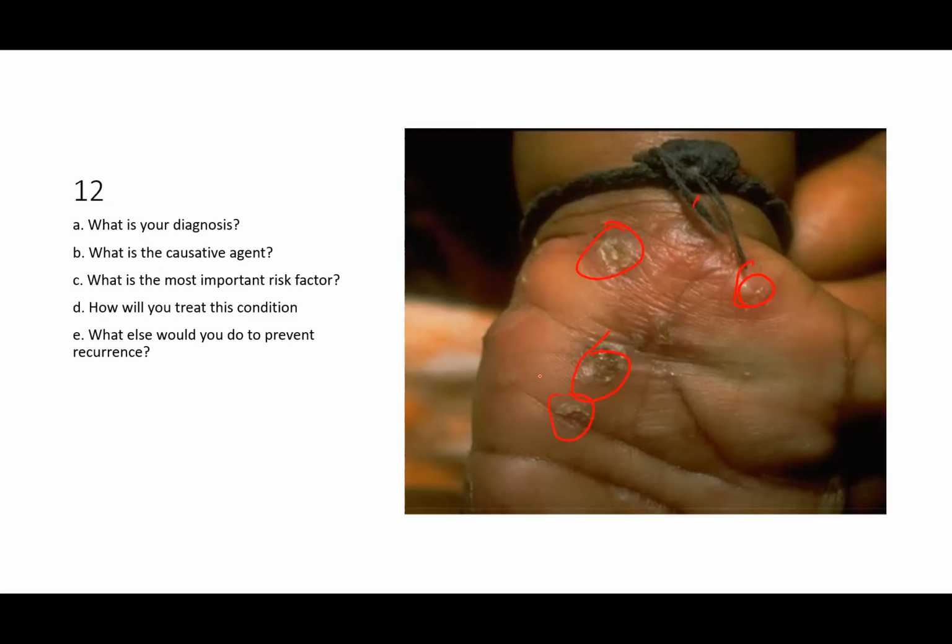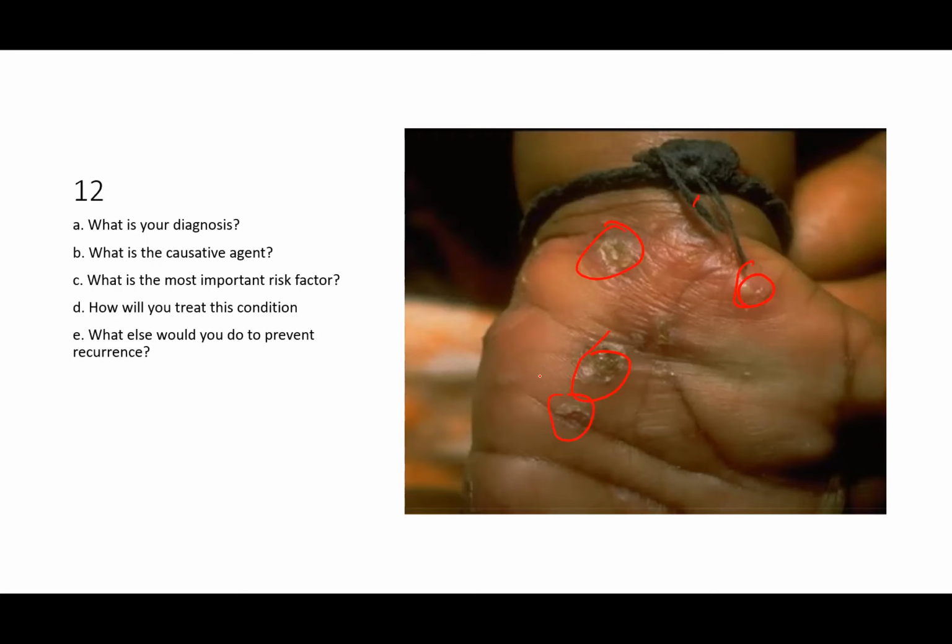The question here says, what is the diagnosis? What is the causative agent? What is the most important risk factor? How will you treat this condition? And what else will you do to prevent recurrence?